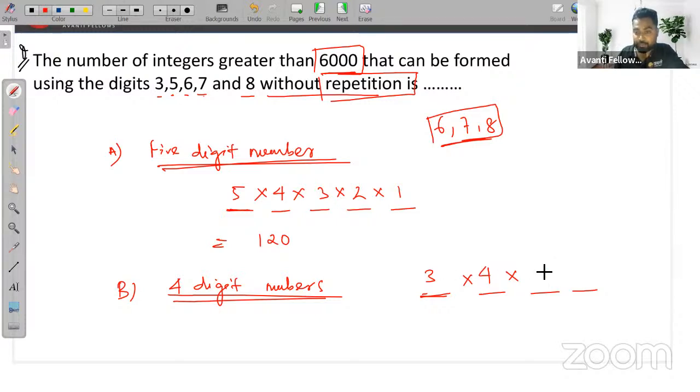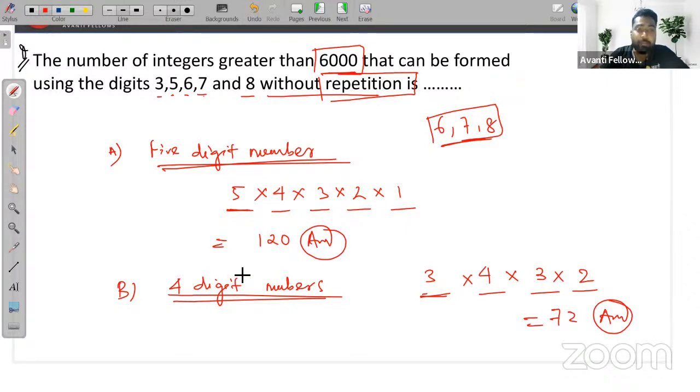Already 2 are used, so this will be 3. Clear? Then 2. So 3 into 4 is 12, 12 into 3 is 36, into 2 is 72. The answer is 72.